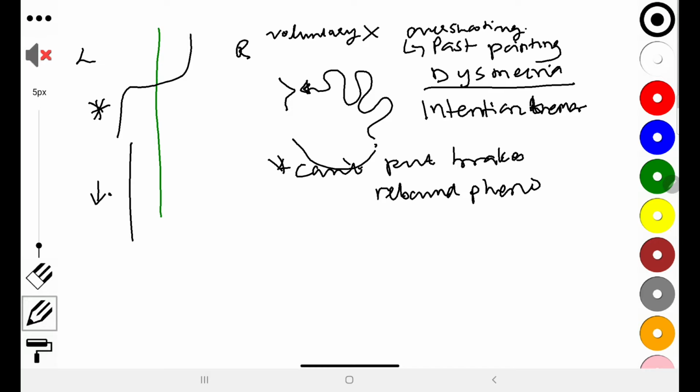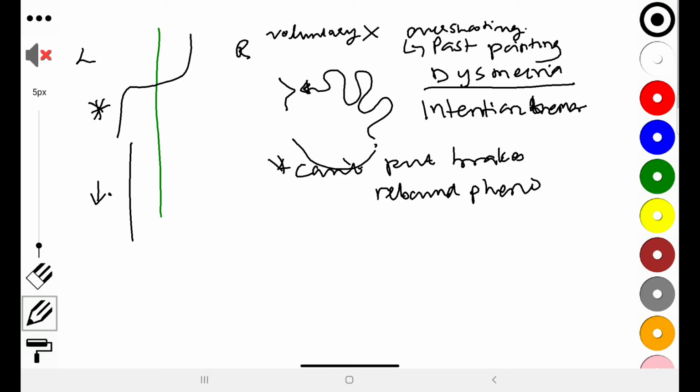There are other signs where you have an inability to perform rapidly alternating opposite movements. Patients with cerebellar diseases find it difficult to perform actions that involve simultaneous motions.